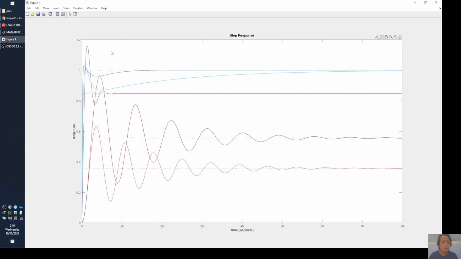So we can use the peak response. This is the peak amplitude. This is the overshoot, and then we can show the rise time also. It's so crowded.